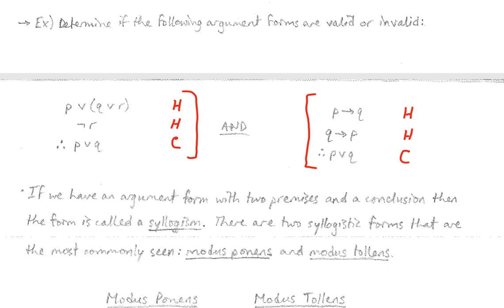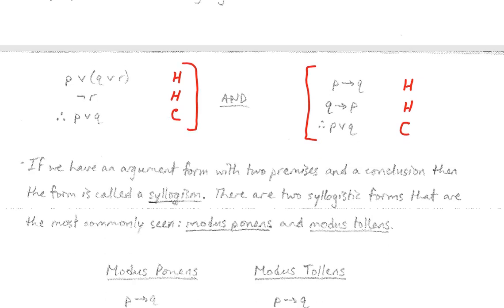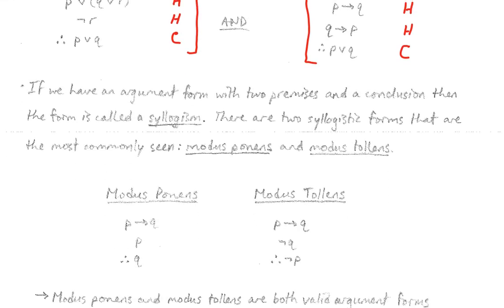And there are two syllogistic forms that are most commonly seen. These are very, very basic. They're called Modus Ponens and Modus Tollens. Modus Ponens is the following argument.